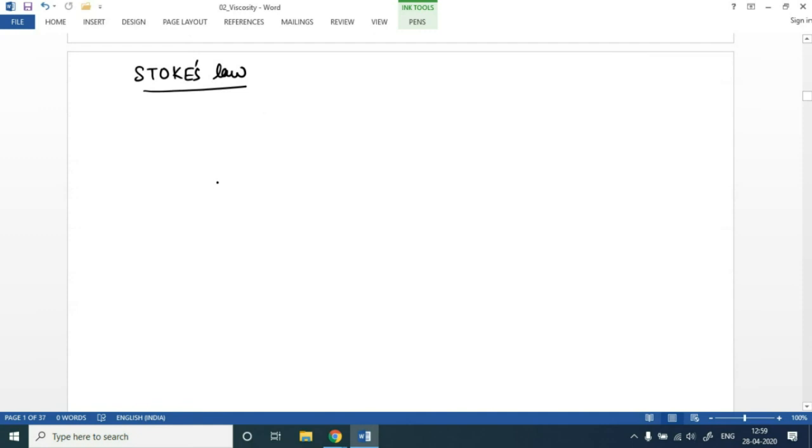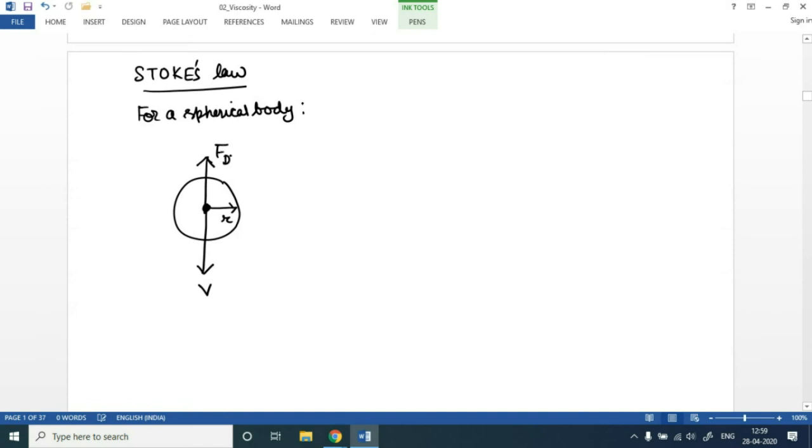A very simplified form of this equation is for a spherical body, let's say of radius r. If this is moving with a certain velocity v in this direction, it will experience a drag force due to the viscous liquid present all around it. The direction of drag force will be opposite to the velocity, and let's say the viscosity of the surrounding liquid is eta.